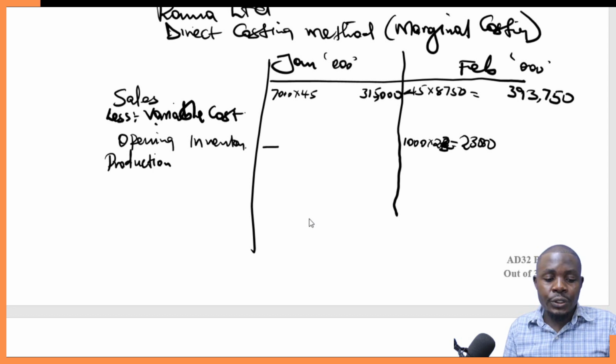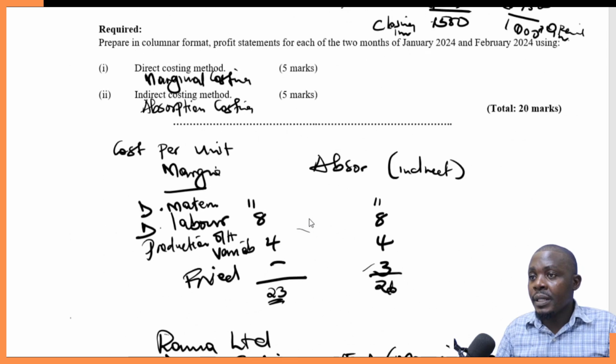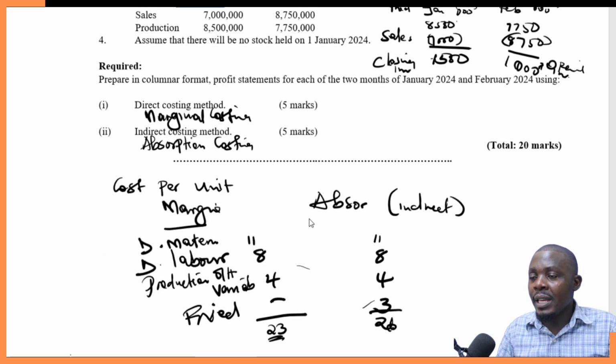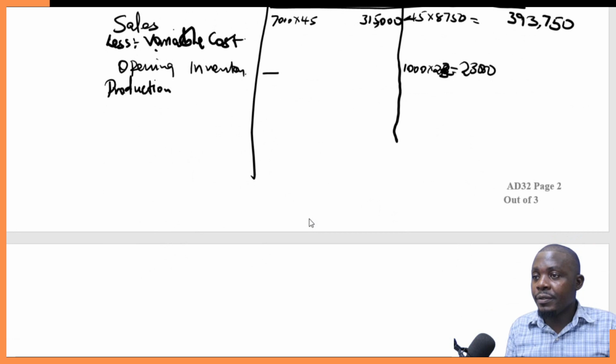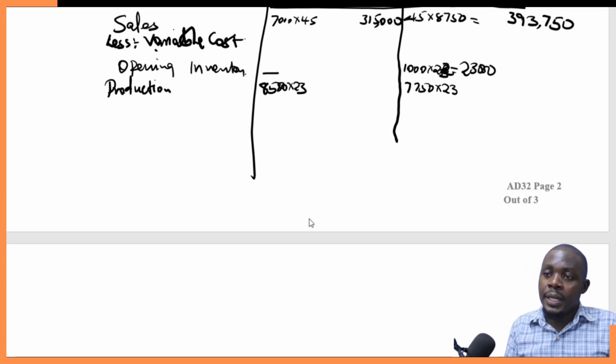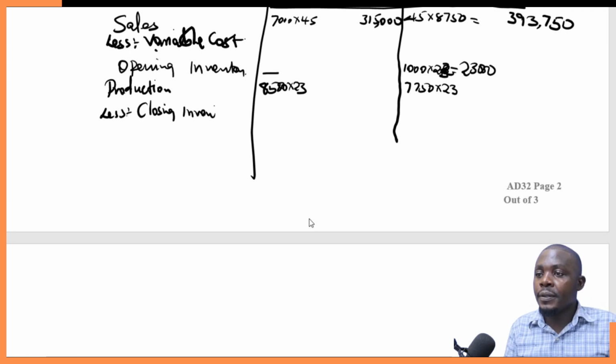We have the production. The total production we had how much? We were told in the question that the production were 8,500,000, and then that side we had 7,750,000. We multiply by 23. Then lastly, we say less closing inventory.